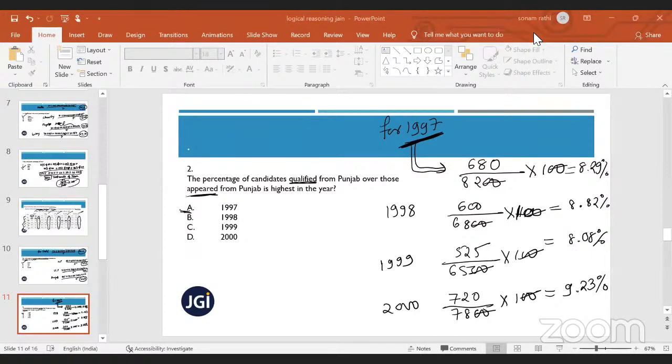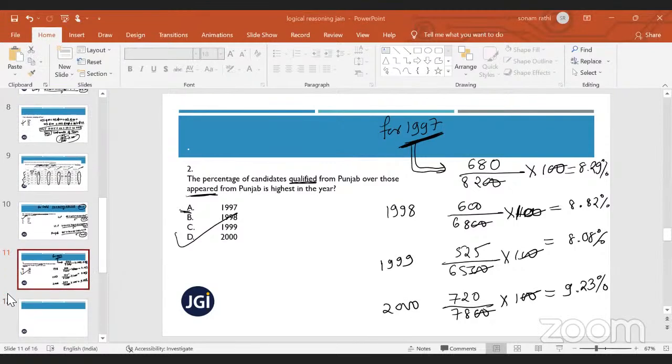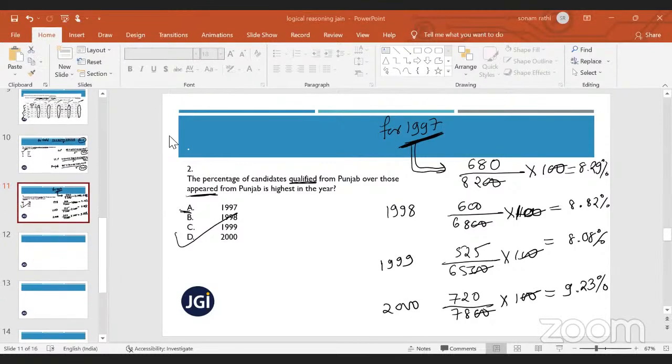Yes, everyone is giving me the correct answer. The correct answer is option D. For 2000, it is coming out highest. Everyone done this question? Very easy question.